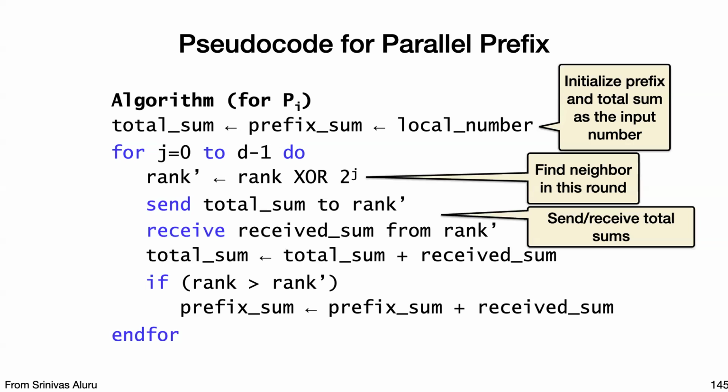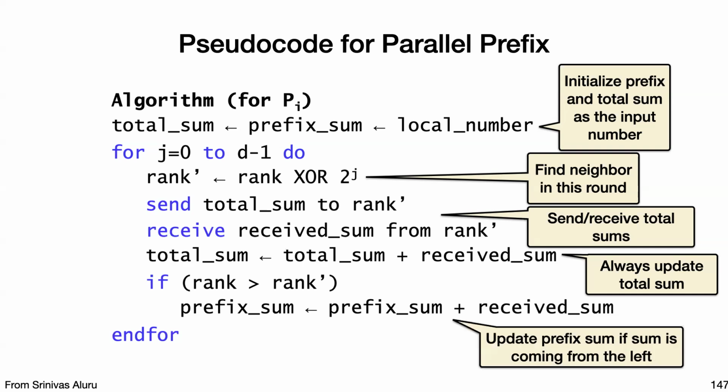We compute the prefix locally, but the only thing that gets sent is the total. We always update the total sum, but we only update the prefix if it's coming in from the left. Rank prime is your neighbor. So if your neighbor is to your left, then you update your prefix. Otherwise, you only update the total.